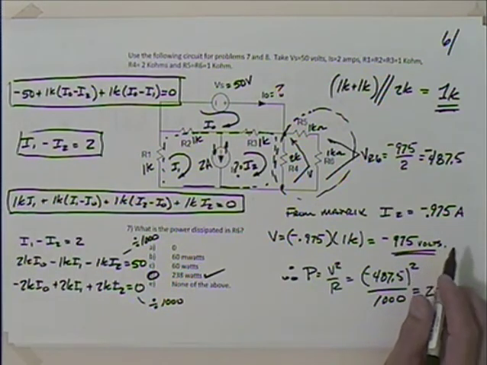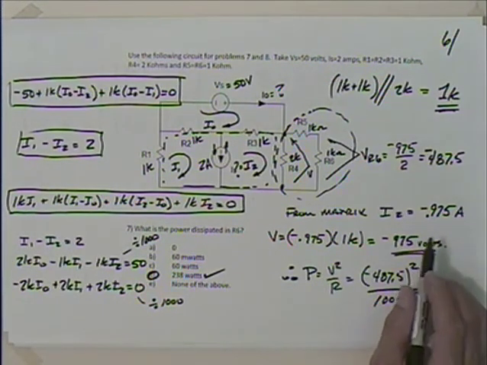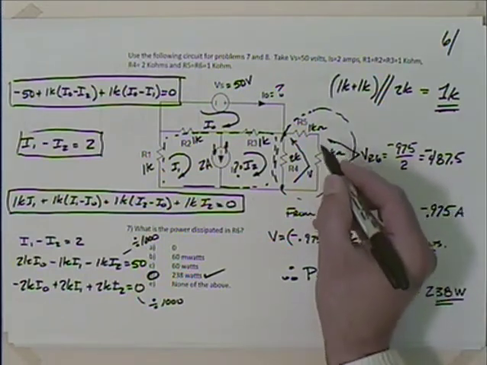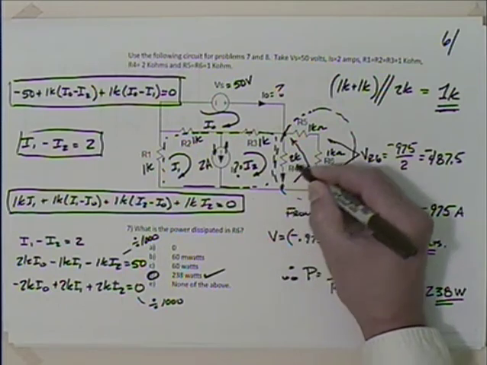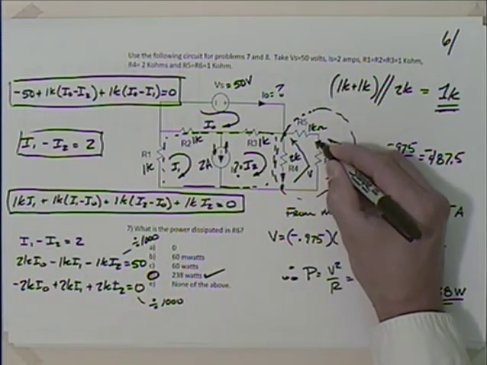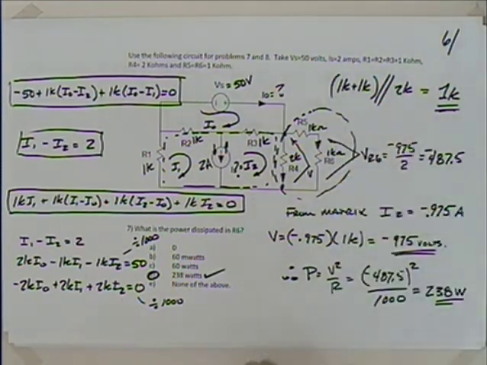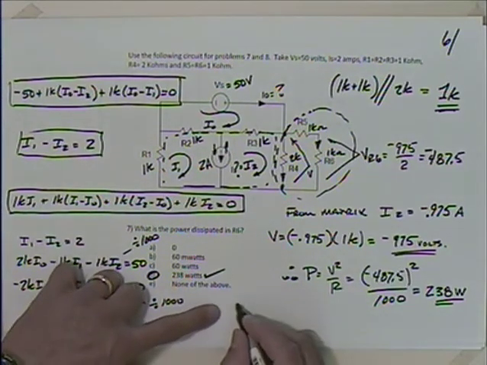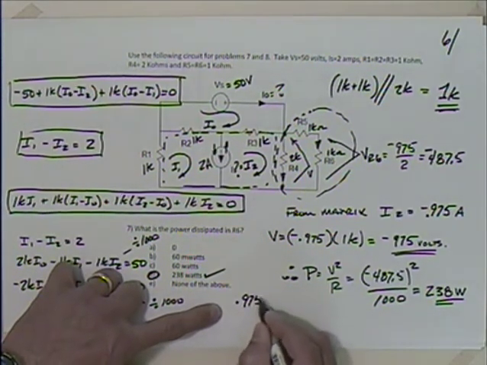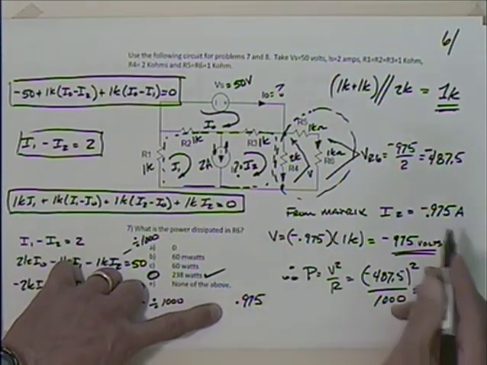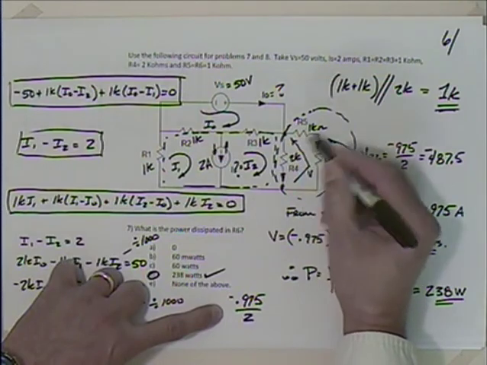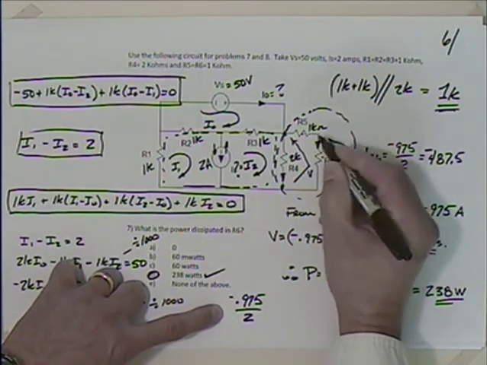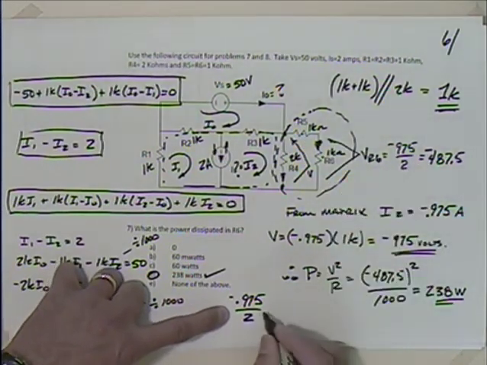I think the other way that I did this in the solutions, and I won't belabor it here, is I found this I2 and then I split that between there and there, which would be an even split, wouldn't it? That would be just that 0.975, negative if you want, divided by 2, because this is 2K and 1K and 1K is 2K, so that's the amount of current going through there.